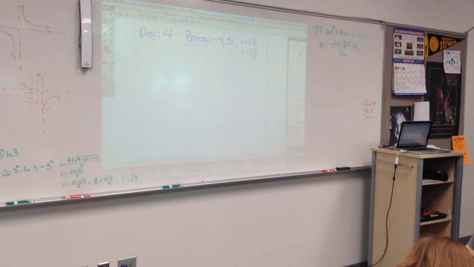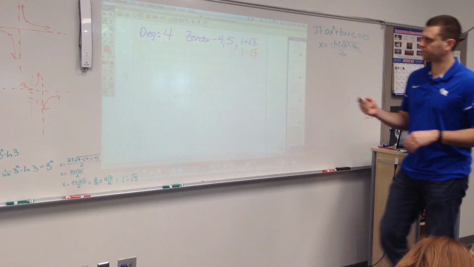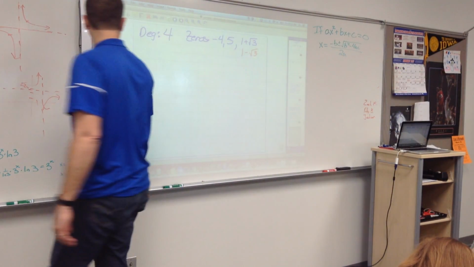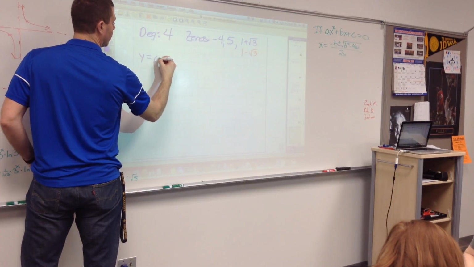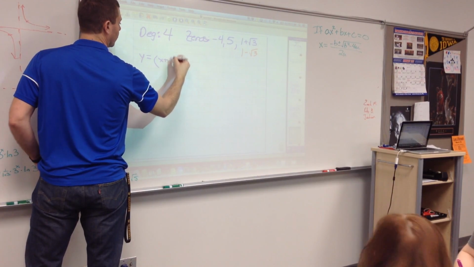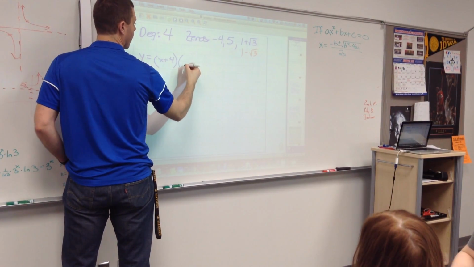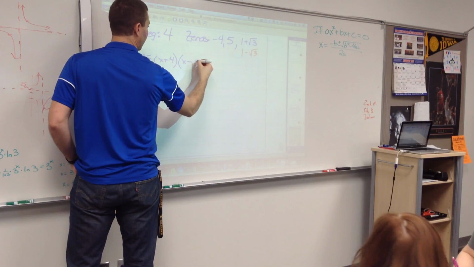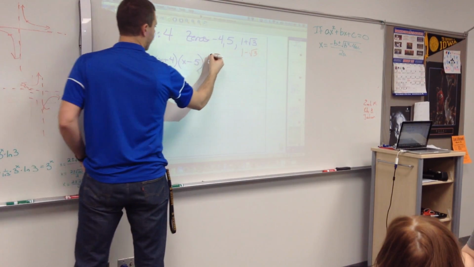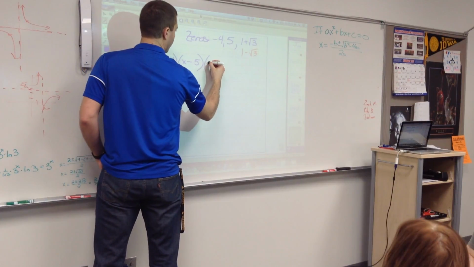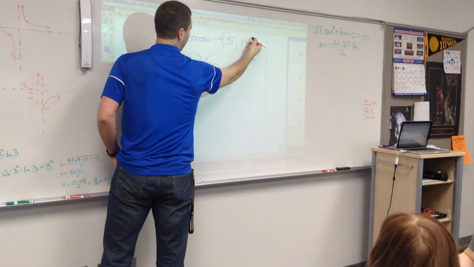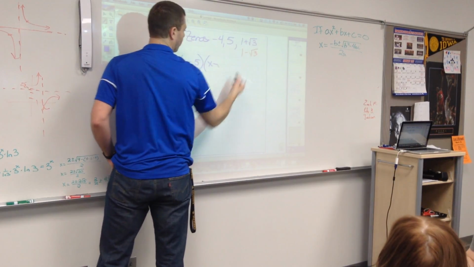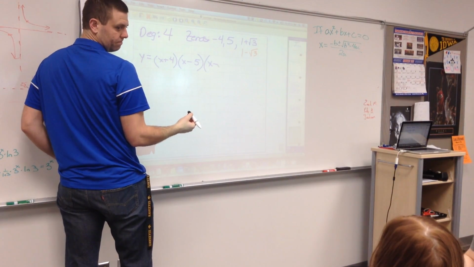Now this is where you really got to be organized and neat. Okay? So this takes a little bit of work. So I got y equals x plus 4, x minus 5, x minus, if I minus this, both of them will become negative.